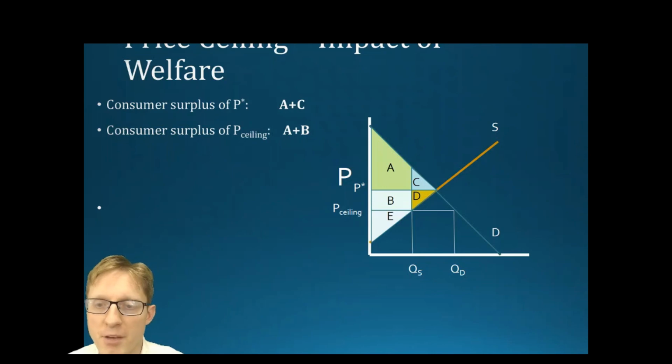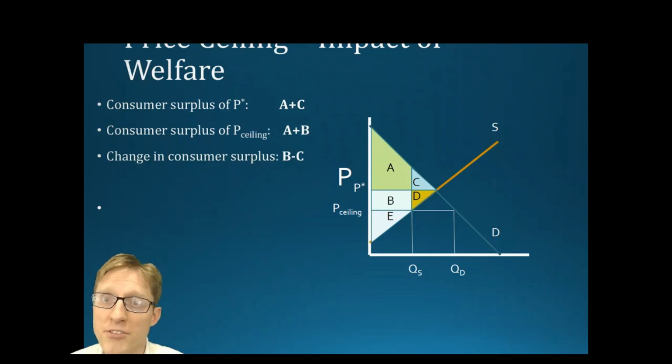Area B reflects some consumers getting the item at a lower price, and the loss of area C represents some consumers no longer being able to buy the item. So if you take the difference between those two, the change in consumer surplus that results from introducing a price ceiling is area B minus area C. And depending on which of those two areas is greater, that will determine whether in aggregate consumers are better or worse off by this government intervention.